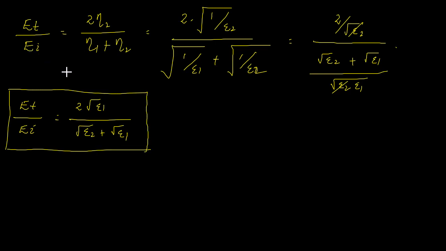If you do the same thing for the reflection coefficient of the magnetic field, we can write HR by HI in terms of the permittivity of the medium.